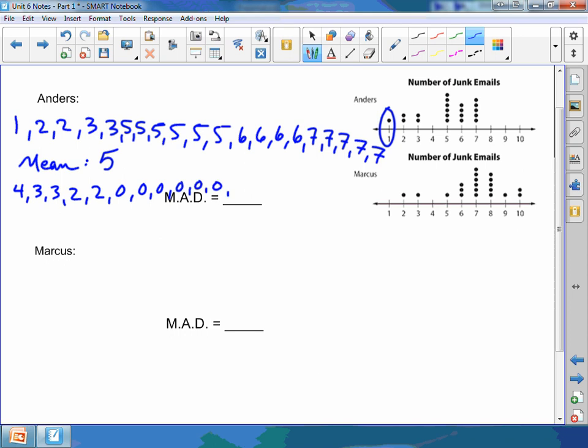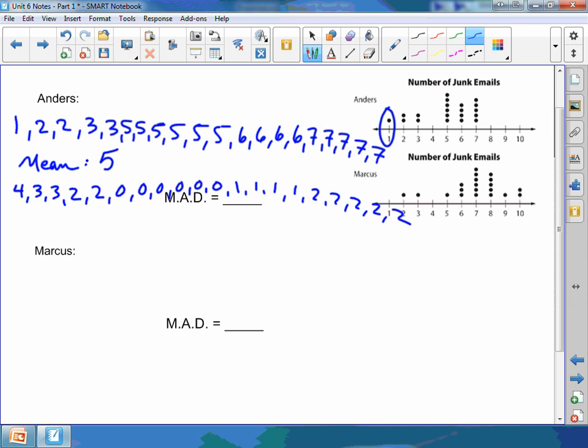The 6s are all 1 away, so I have 4 of those. And I have 5 7s, which means I have 5 2s. And then I get the sum of those, and then I divide that by 20.